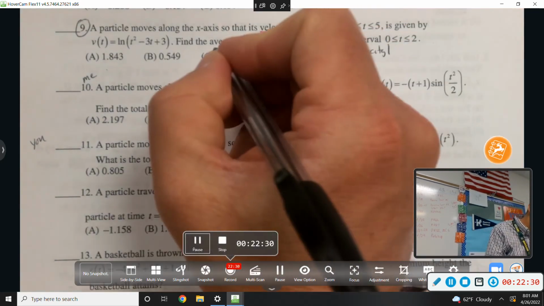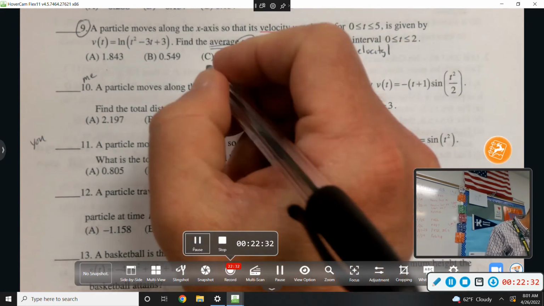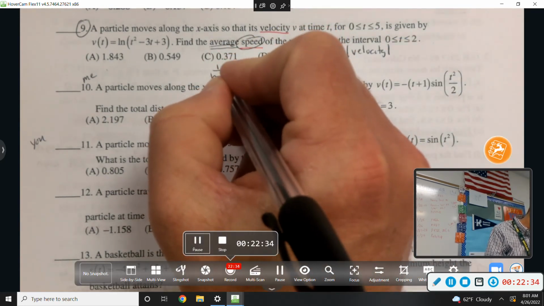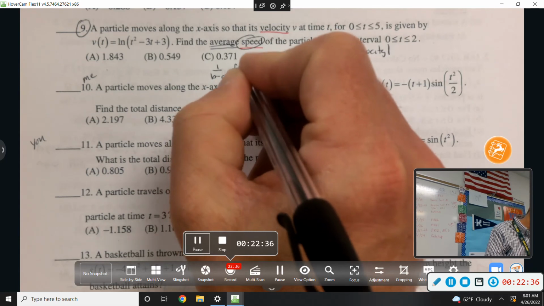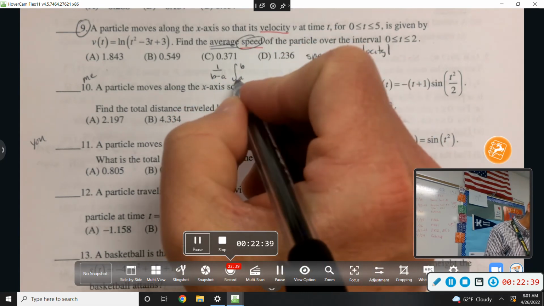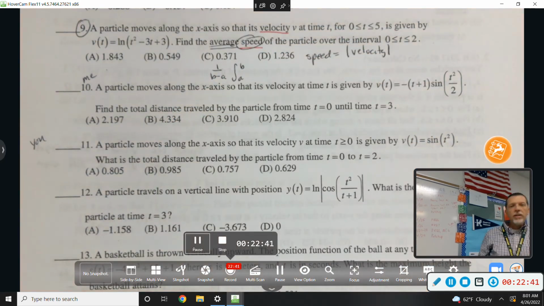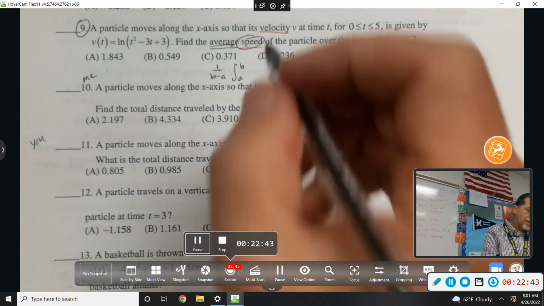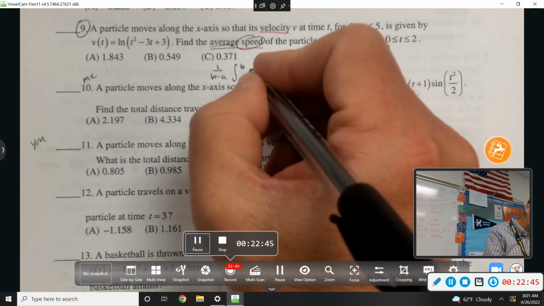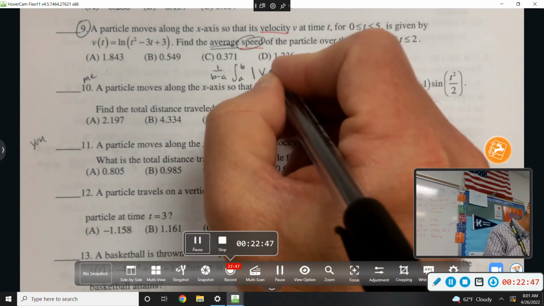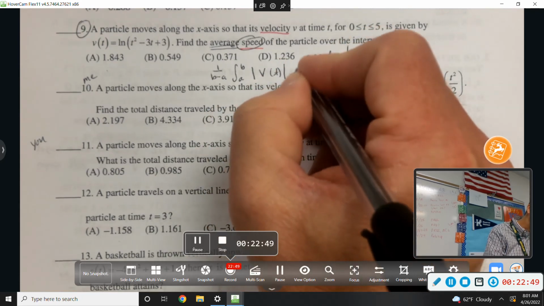And then the average value, that's 1 over b minus a, integral from a to b of whatever we want the average value of. And that's not really the velocity, it's instead the speed. So the absolute value of velocity.